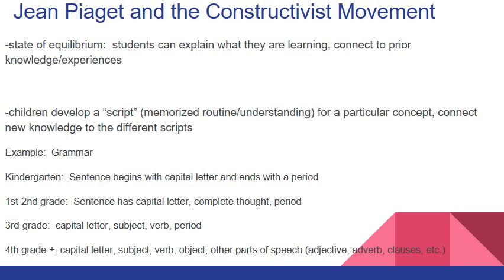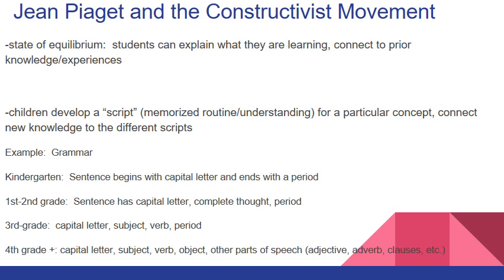For example, if you think about your experience as a kindergarten student, if you can go back that far, you might remember, or you might not remember, that at some time your teacher explicitly taught you the concept of every sentence must begin with a capital letter and every sentence must end in a period.